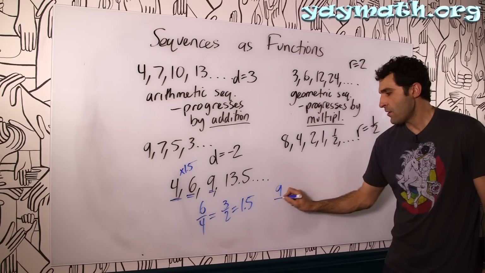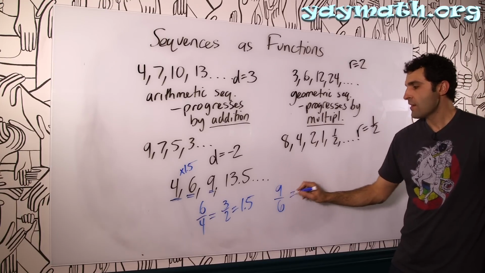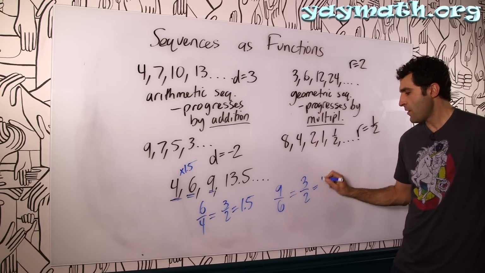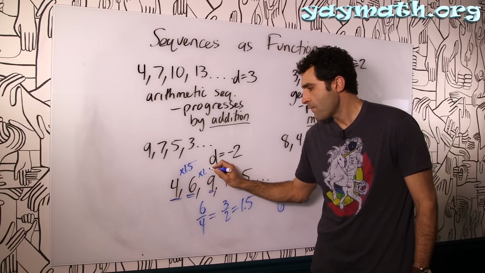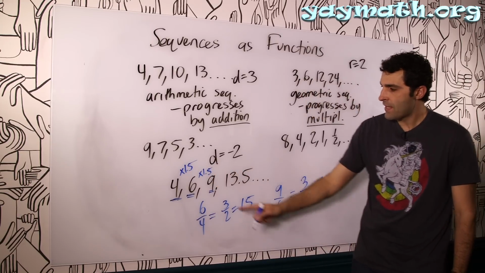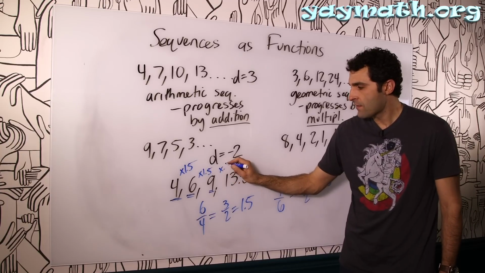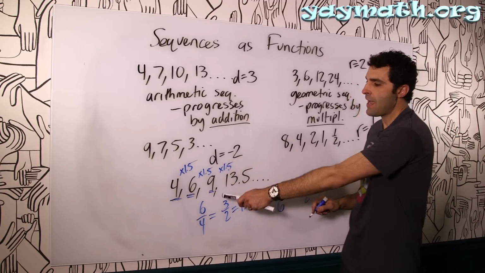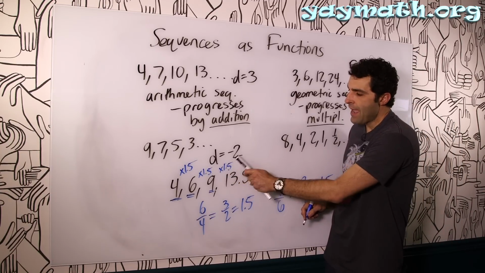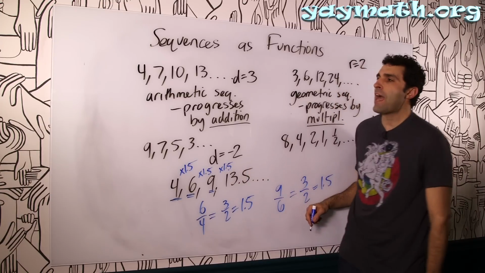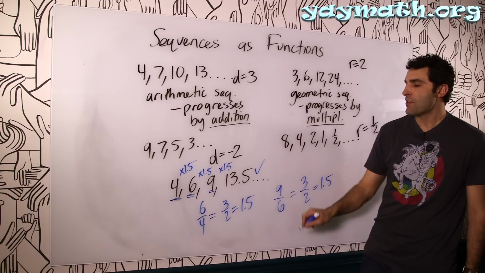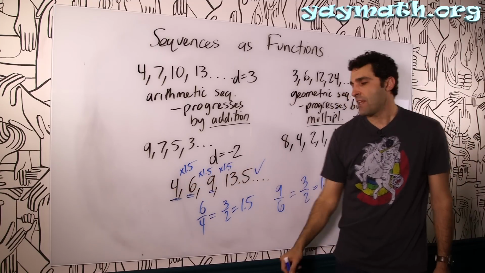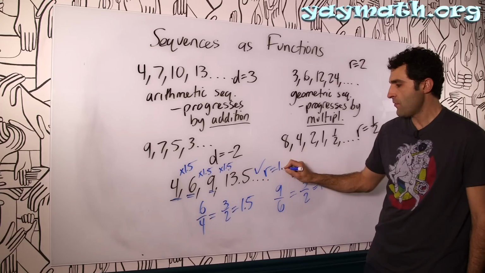Is it true that 9/6 equals 3/2 equals 1.5? It is true. Times 1.5 again. Then let's try 1.5 here: 9 times 1 is 9, and half of 9 is 4.5, so 9 plus 4.5 makes 13.5. It's true. So this is a geometric sequence with common ratio r equals 1.5.